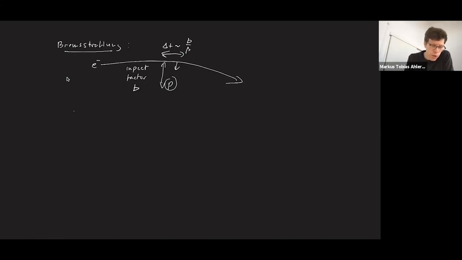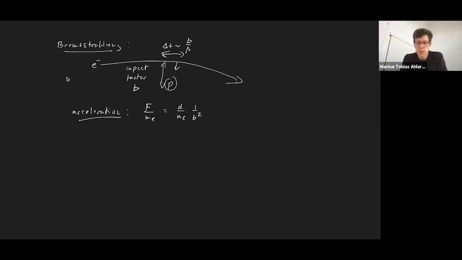And so the acceleration that the electron experiences can be written as the Lorentz force divided by the mass of the particle. And this will be given as alpha over m_e times 1 over b squared. So alpha was e squared over 4 pi.